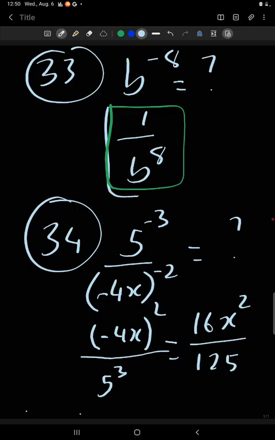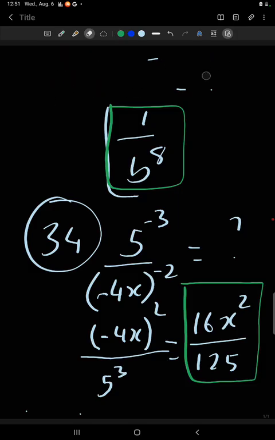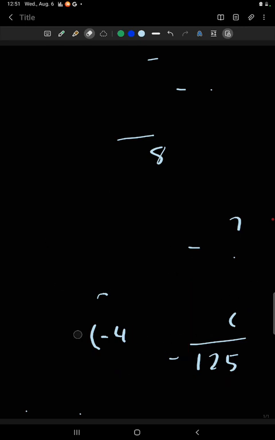You could put it in different ways, but you can actually divide 16 by 125. I'm not doing that. I'm leaving it in this form, which is fine for our purposes of dealing with exponents. That's number 34. So we have about 16 more problems to go.